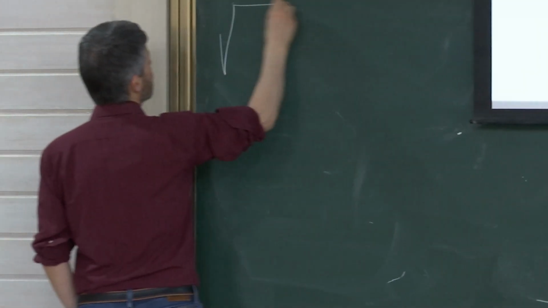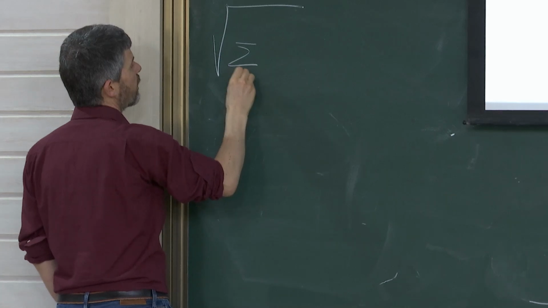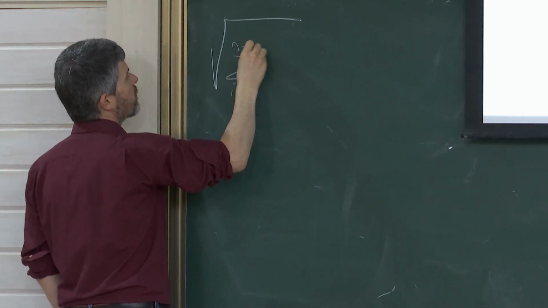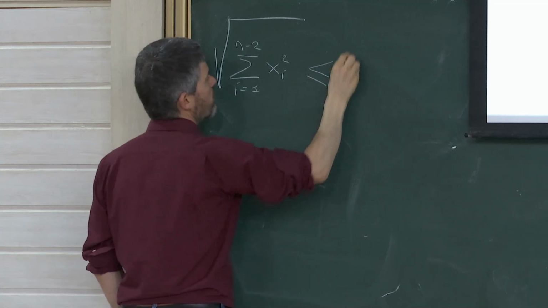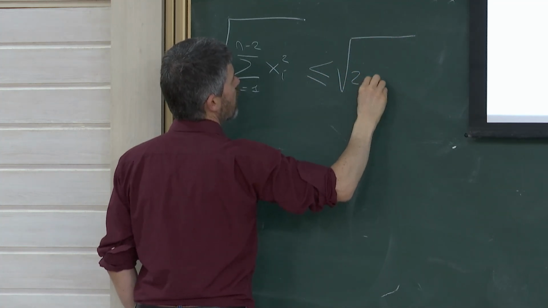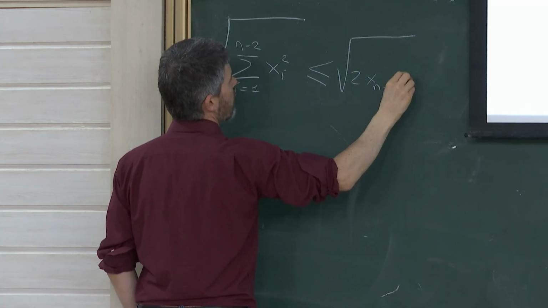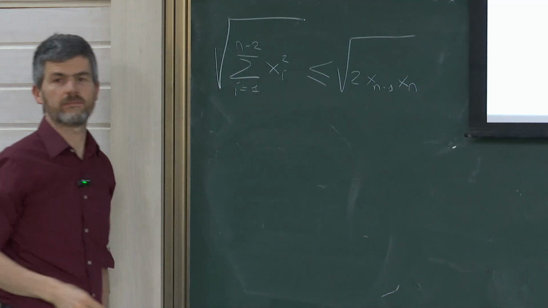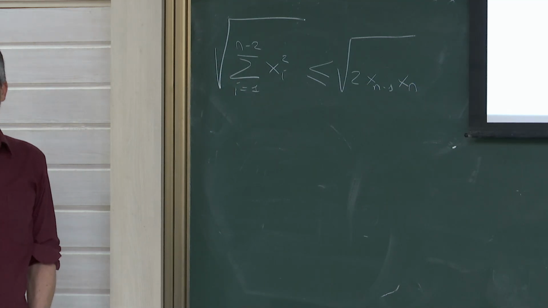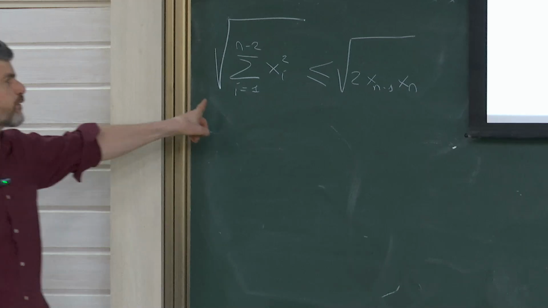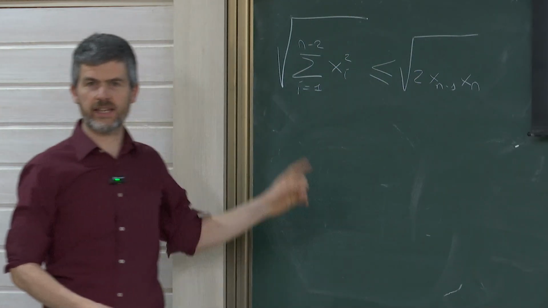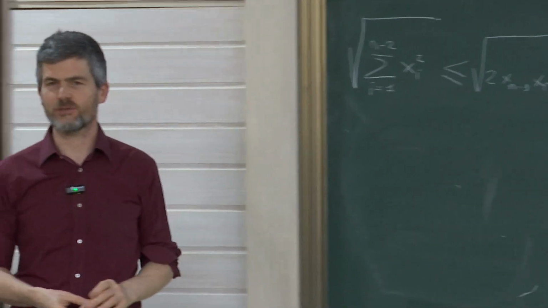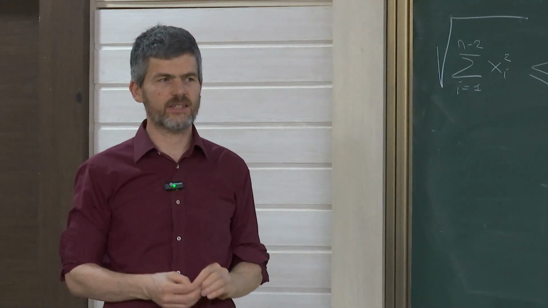What you have is the square root of the sum over i from 1 to n minus 2 of xi squared less than or equal to the square root of 2 xn minus 1 xn. This is a difference. So if you just move the square root on this side, now you get the difference of 2 square roots. Forget about convexity.